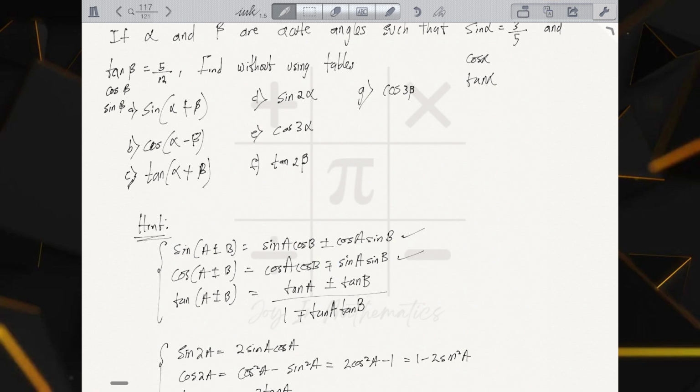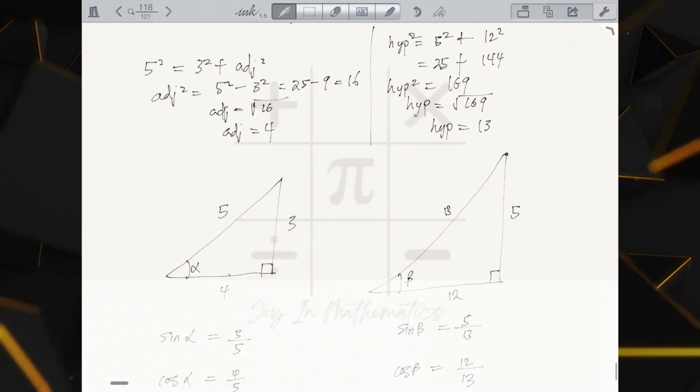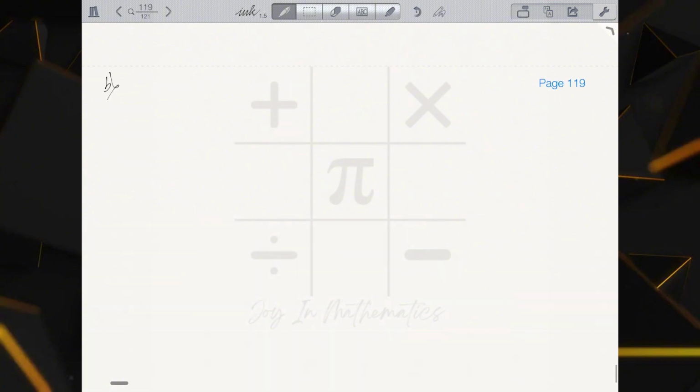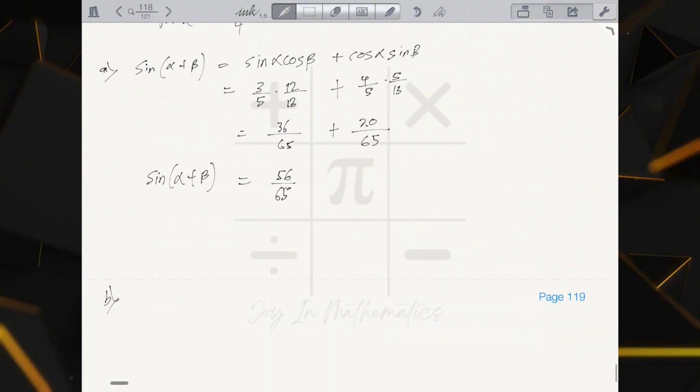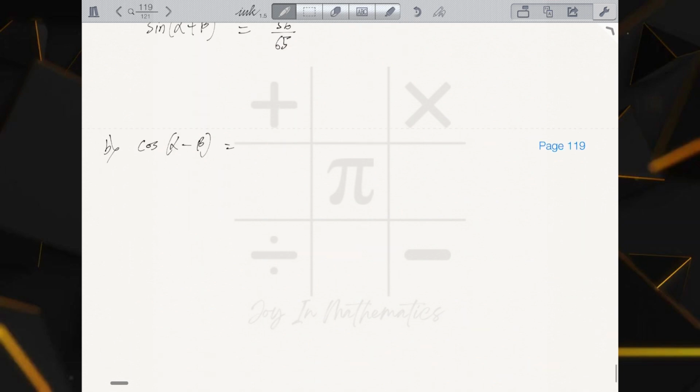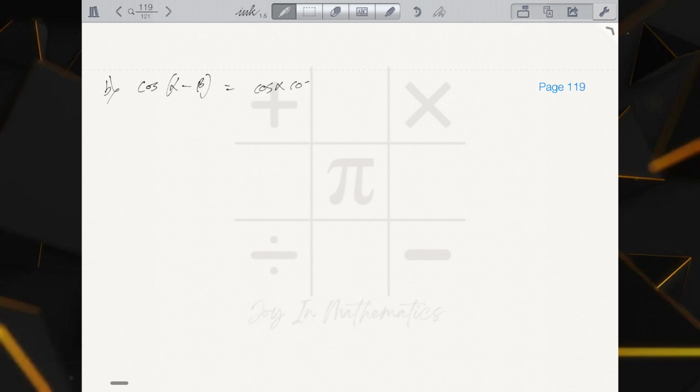So we use that expression now in terms of alpha.